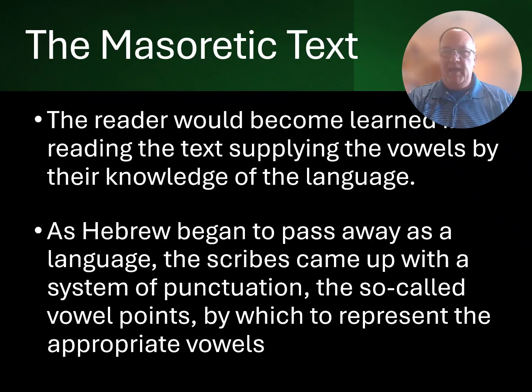As the Hebrew began to pass away as a language, the scribes came up with a system of punctuation, the so-called vowel points, by which to represent the appropriate vowels. So again, now vowels are being added, or vowel points, to help the reader, because again, it's a dead language.